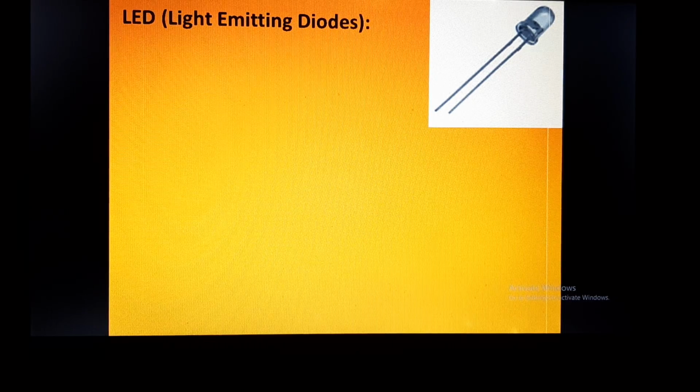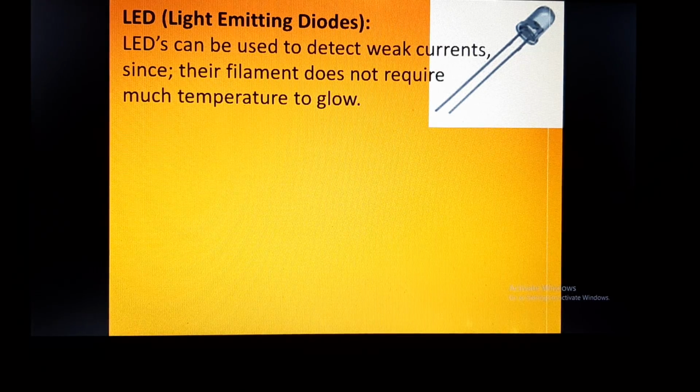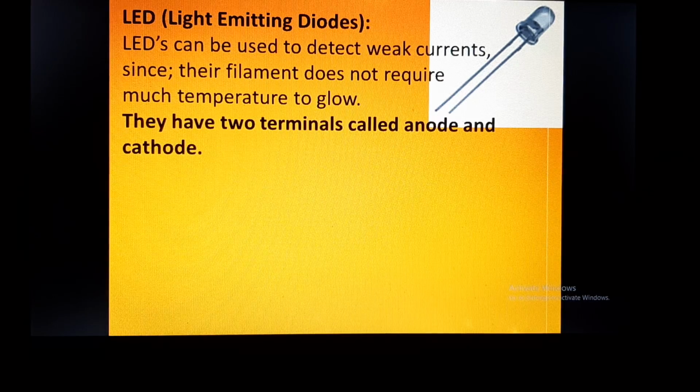But what if there is a weak current? There will be a current, but the bulb will not glow. So what we do, we use an LED. These LEDs require weak currents because their filament does not require much temperature to glow. So LEDs can detect even weaker currents which a normal bulb cannot.